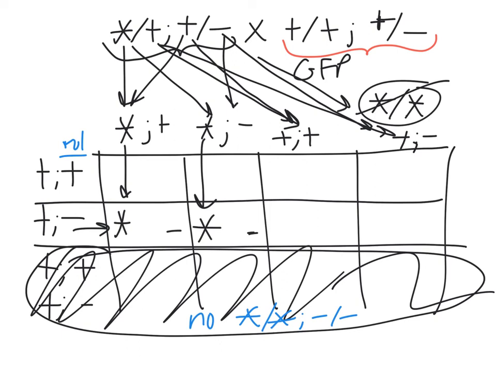So exactly. So let me write out the full genotypes of these. Let's see. That's asterisk over plus, semicolon, plus over, oops, that one's minus over minus. What's this genotype on the left? Asterisk over plus, there it is, plus over minus. So we've remade more dihybrids.